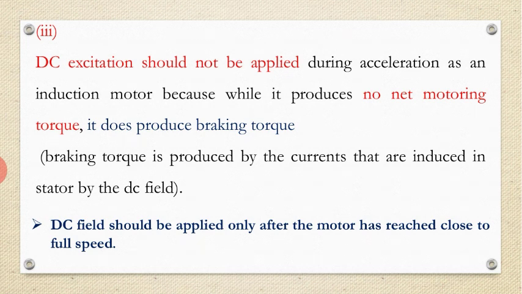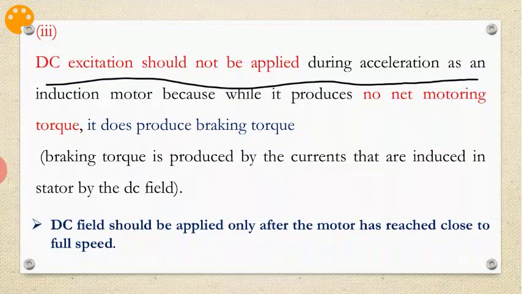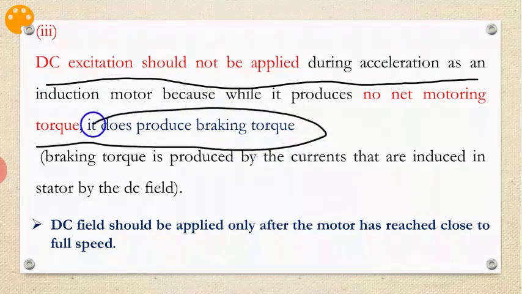Third point is DC excitation should not be applied during acceleration. This is very important, as I already discussed. DC excitation should not be applied during acceleration as an induction motor, because while it produces no net motoring torque, it does produce braking torque.